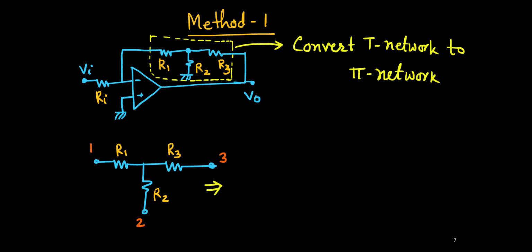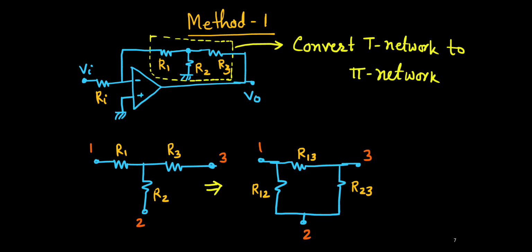Now this is your T network. The R1, R2, R3, they are connected with the nodes 1, 2, 3, and we can convert it to this pi network where this resistance is R13 between node 1 and 3. This is suppose R12, this is R23.